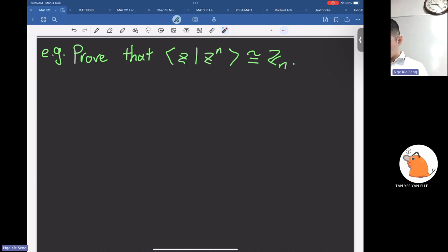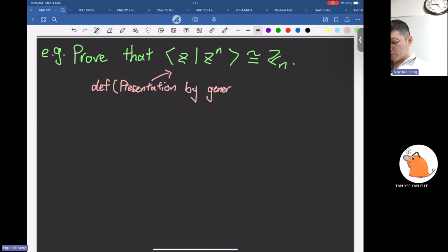Okay, so let's discuss this. What's the meaning of this presentation? This is what we call the presentation by generators and relations. So what are the generators and relations here?